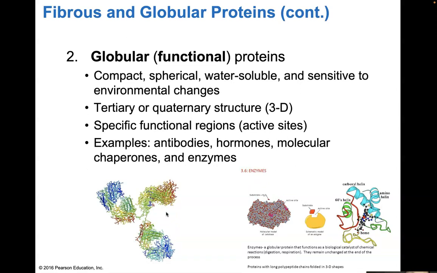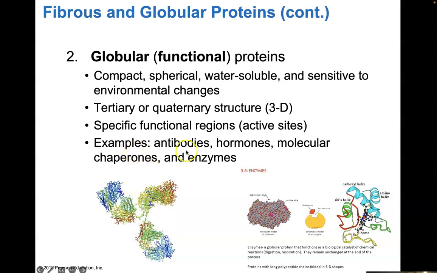Then we also have lots of globular proteins, which is just like it sounds. They form these big globs, right? They're compact, they're kind of spherical. They're usually more water soluble, but also usually more sensitive to environmental changes. So they can unfold more easily. And these guys have really important tertiary and quaternary structures.